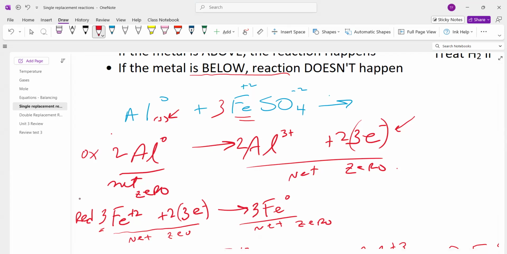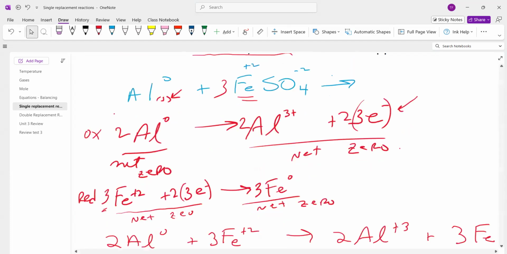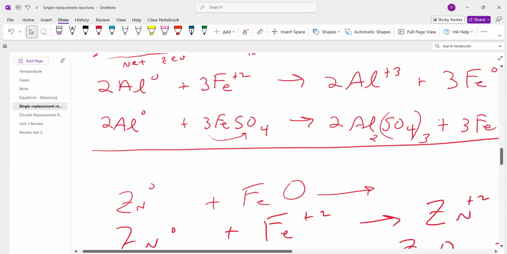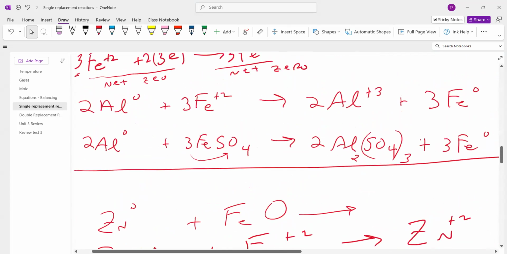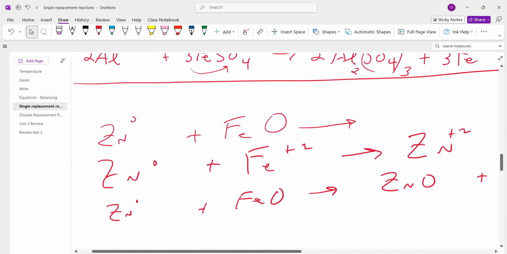How many SO4s are we going to have to go along with that? 3. Yeah. So the iron and sulfate is a 1-to-1. If we have 3 iron, we're going to have 3 sulfates. So in the end here, when we tally everything up, we have to make sure that the sulfates also balance. Okay, so we're going to have another little wrinkle here. Let me bring this up.